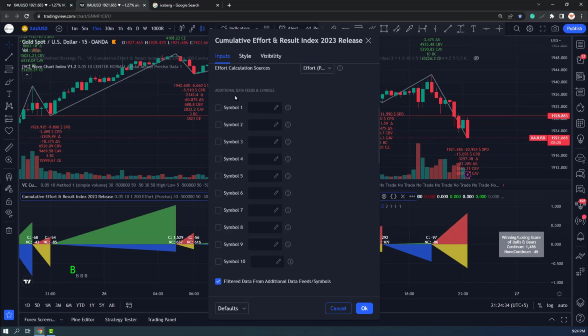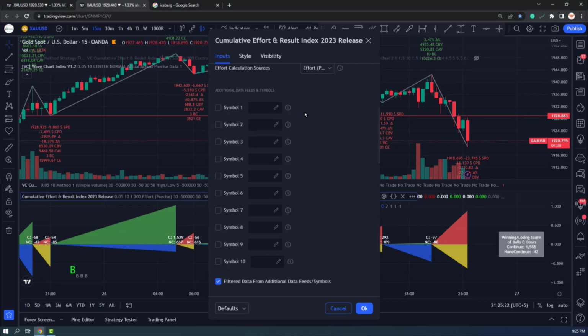In other words, you can pull data. For example, if you are trading Bitcoin on Binance, there are many other exchanges where Bitcoin is traded. So you can extract data from KuCoin, from BitMEX, from Huobi exchange, from any other exchange of your choice.